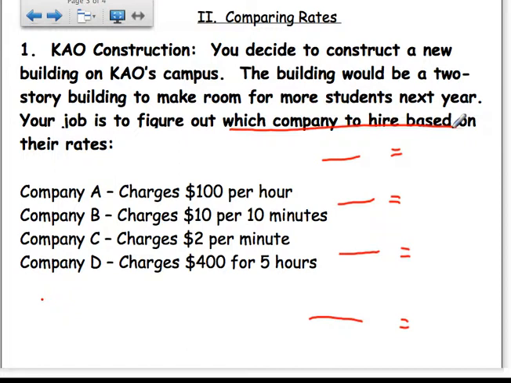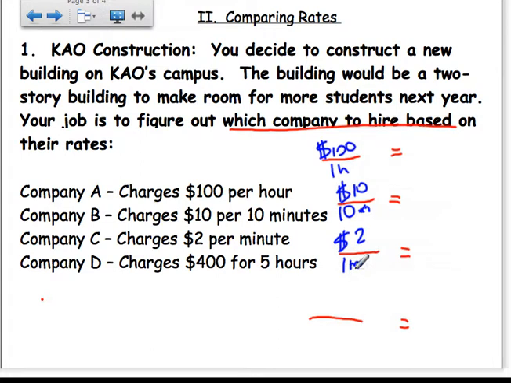Okay, you've tried it, so now it's time to check. Looking at one company at a time, Company A charges $100 per 1 hour. Company B charges $10 per 10 minutes. Company C charges $2 per 1 minute.